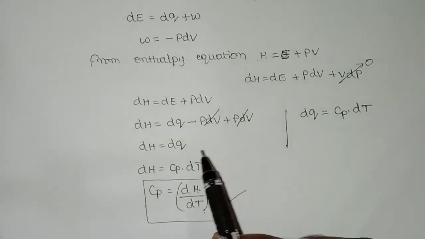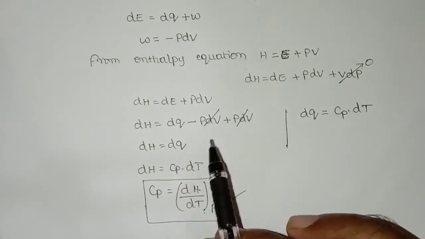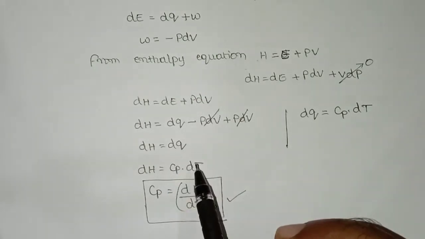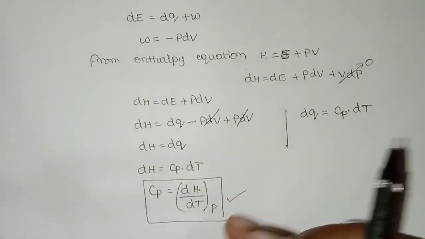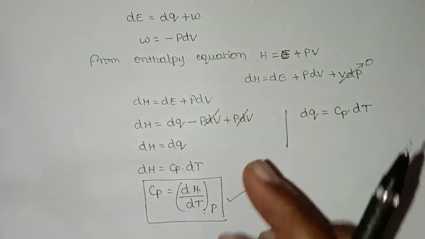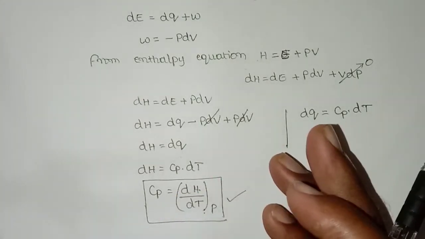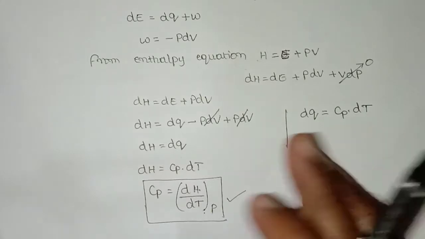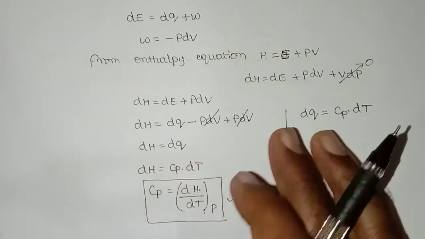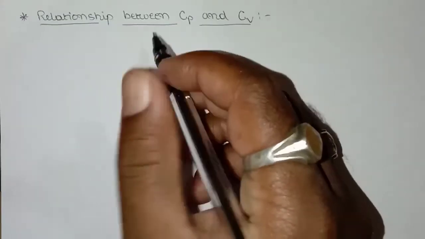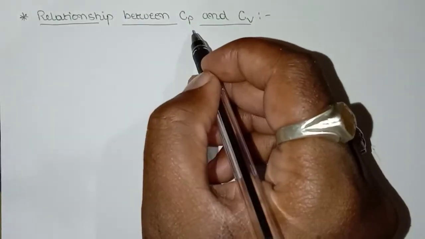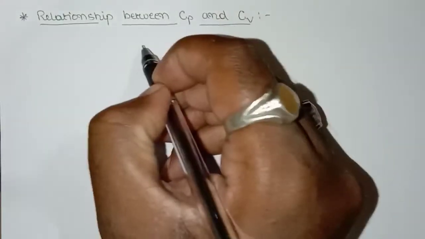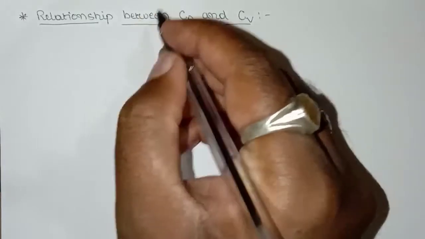So this is the mathematical form for heat capacity at constant pressure. Totally we have given two terms, that is Cp and Cv, and these two terms are completely related to each other. Now we shall see what is the actual relationship between the two molar heat capacity terms, Cp and Cv. In order to get a relationship between Cp and Cv, we have to take the help of the enthalpy equation once again.